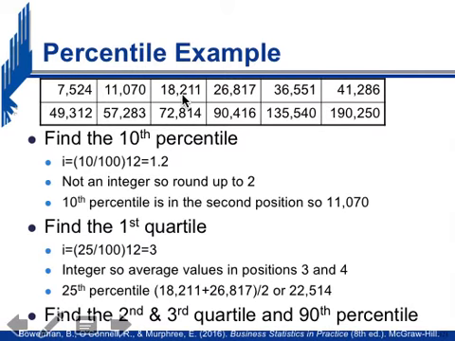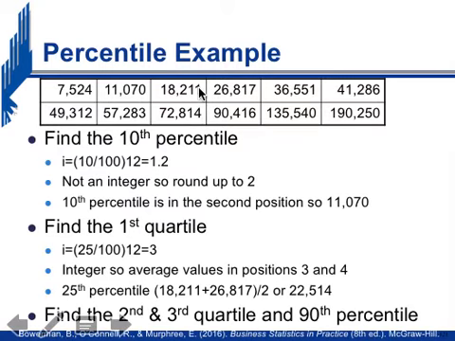So the third number is 18,211, and the fourth number is 26,817. So get the average of the two, and we will get 22,514. So that's the 25th percentile, which says that 25%, or 1/4 of the numbers, are lower than 22,514.